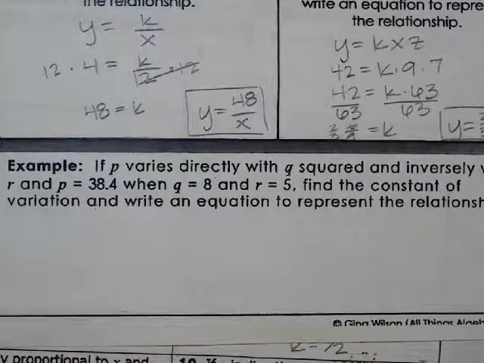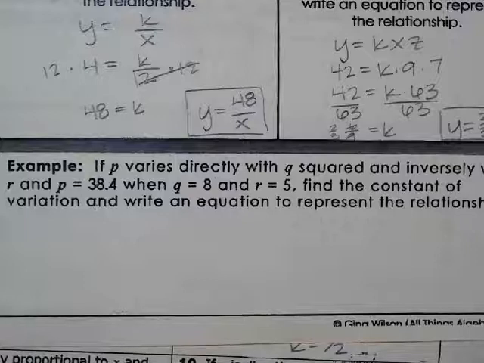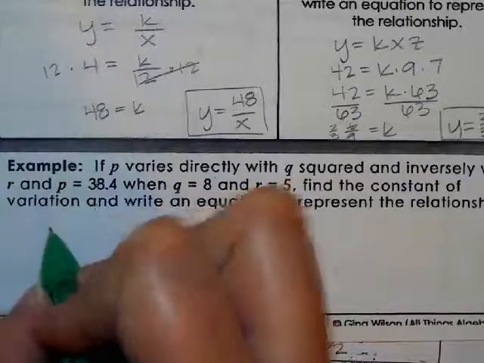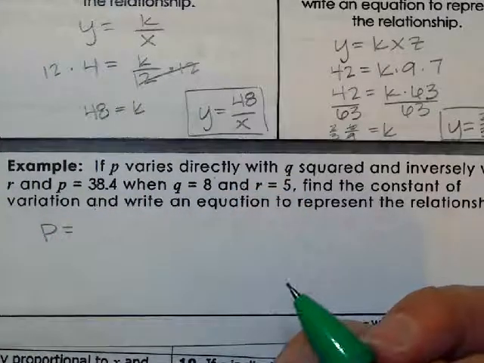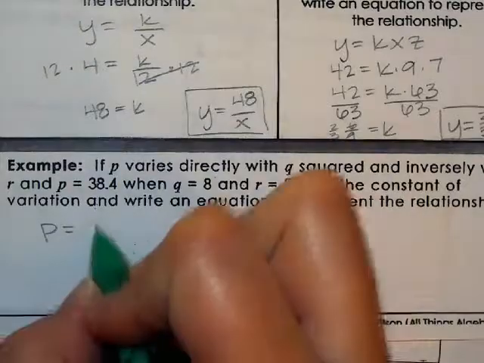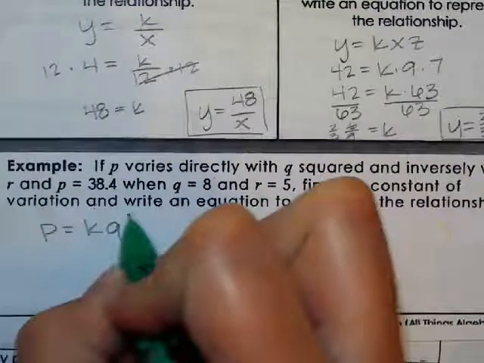How do you guys think we should start it? Before we plug numbers in, we have to find our formula. So how do we write P varies directly with Q squared? P equals, we need a k in there. Yep, you always have to have that constant in there.